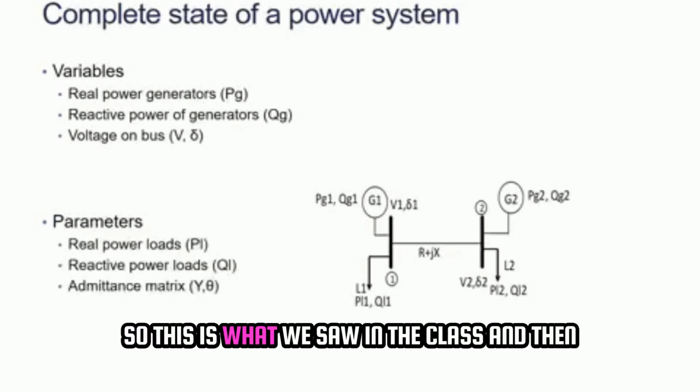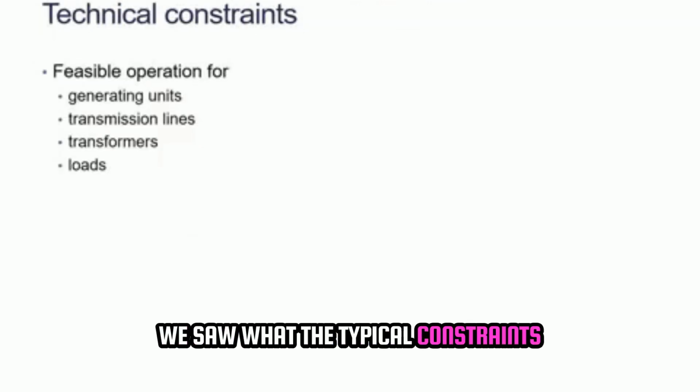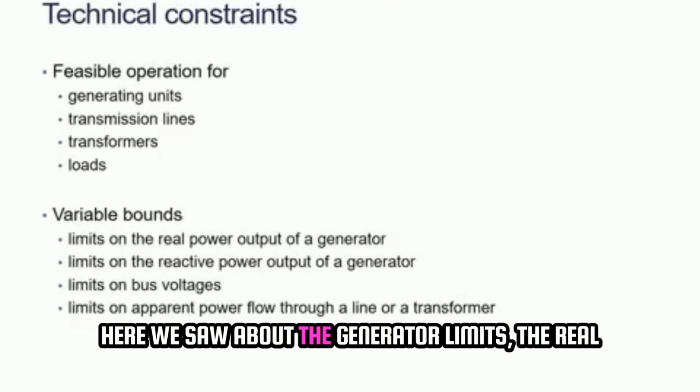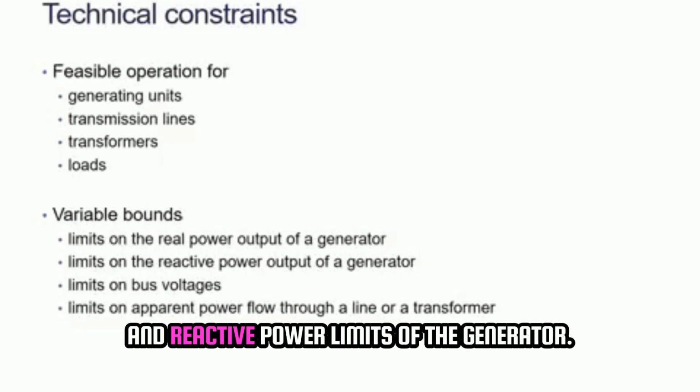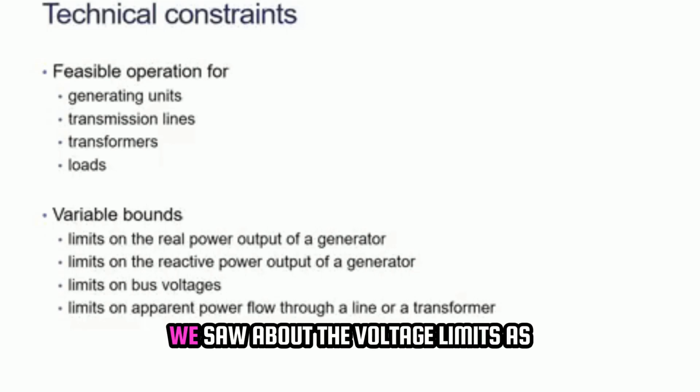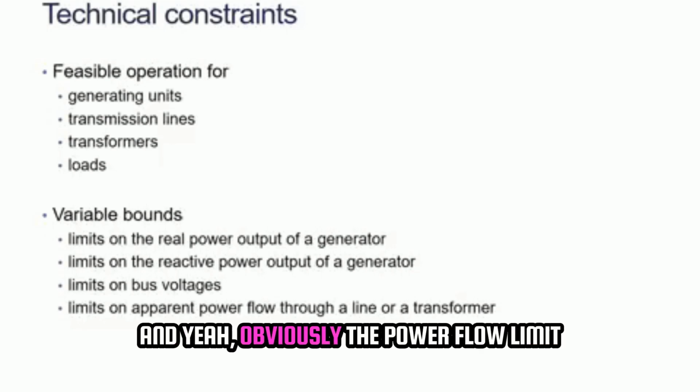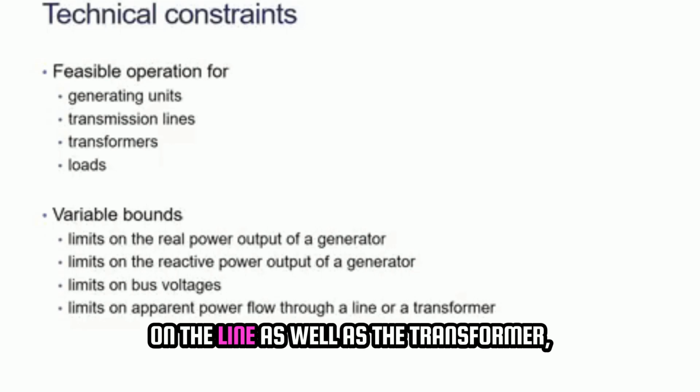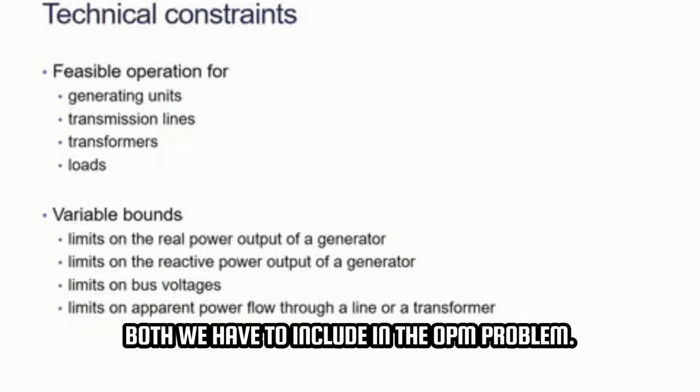Then we saw the technical constraints: the generator limits, the real and reactive power limits of the generator, the voltage limits, as well as the power flow limits. Obviously the power flow limit on the line as well as the transformer, we have to include in the OPF problem.